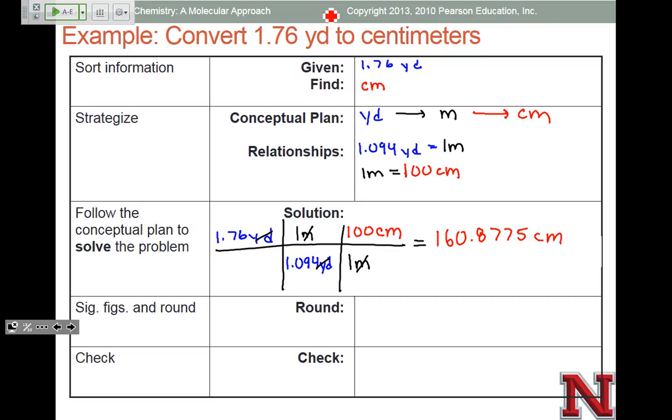Remember, this is a relationship, and it's an exact number, and that's an exact number, so they're infinite. So we started with 3 significant figures. We are multiplying and dividing, so our final answer should be in 3 significant figures, which is 161 centimeters.